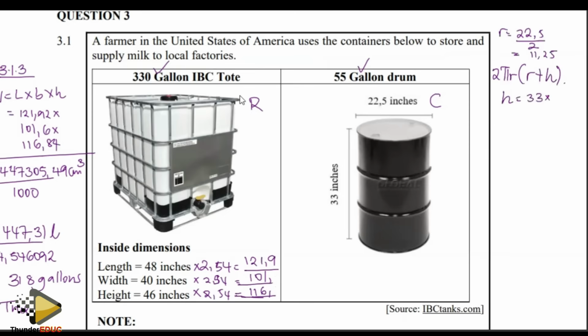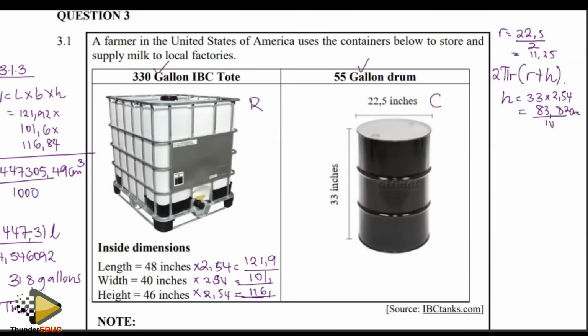Then the height, 33, has to be changed to centimeters by multiplying by 2,54. 33 times 2,54 is 83,82.